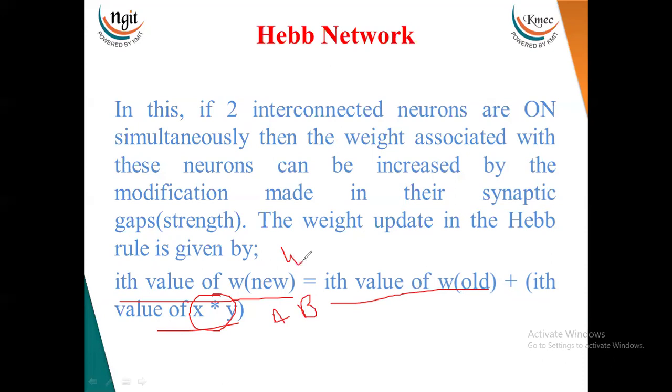Suppose the old weight is W. Now I'm calculating W new. So W new equals W plus the multiplication of these two values, A into B, which will increase the strength of your weight, the synaptic strength. So this is the basic rule of the Hebb network. Because of this, as the strength increases, A neuron's efficiency is going to increase because of adding B neuron's weight.